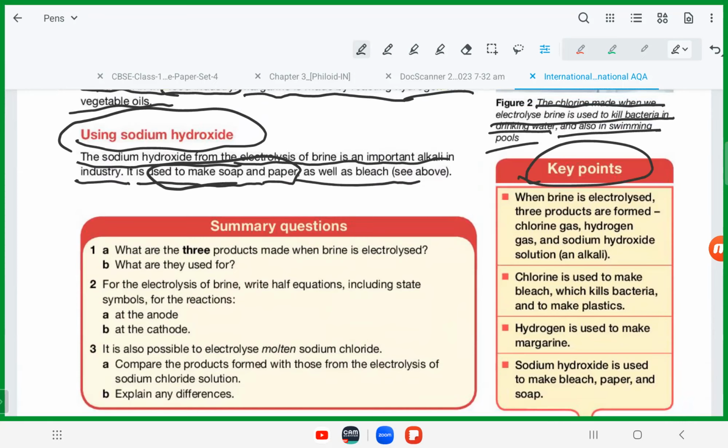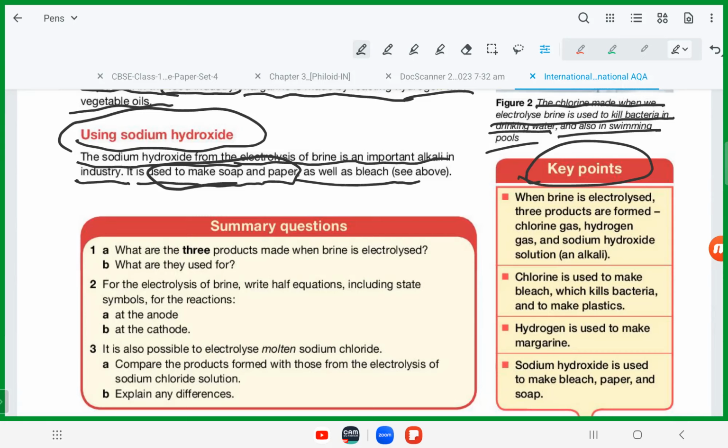Chlorine is used to make bleach, which kills bacteria, and to make plastics. Hydrogen is used to make margarine. Sodium hydroxide is used to make bleach, paper, and soap.